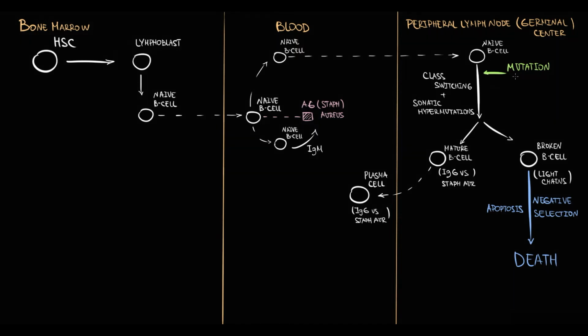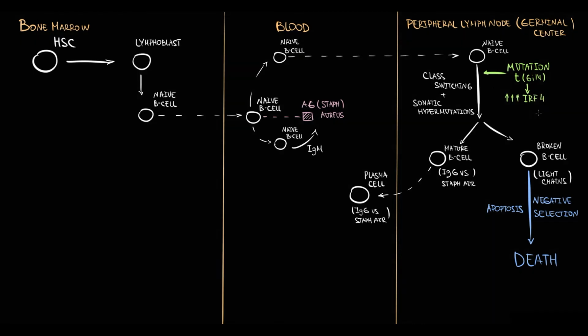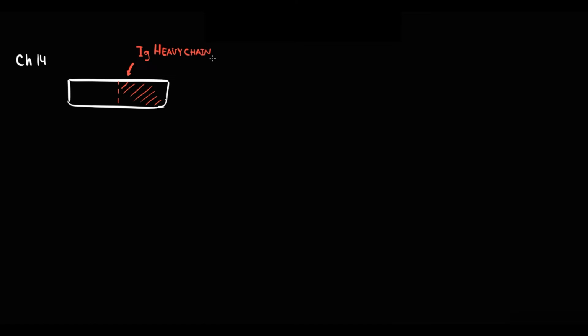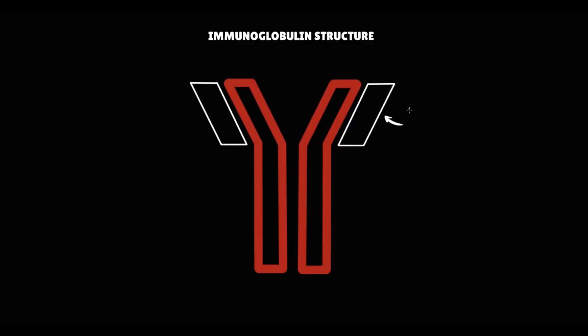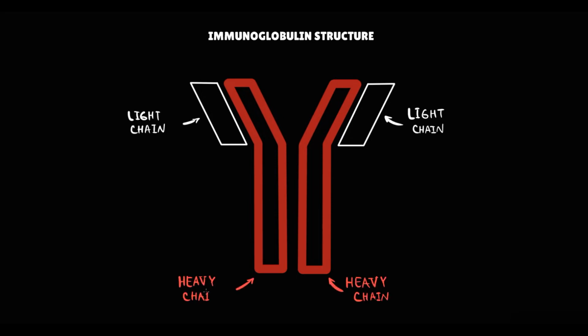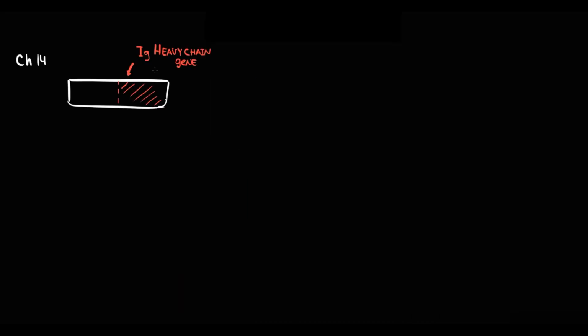In multiple myeloma, it can be a translocation between chromosome 6 and 14 that causes overexpression of interferon regulatory factor 4. To explain the logic of this mutation, we have to know that on chromosome 14 is located the immunoglobulin heavy chain locus. And because naturally the major function of the B lymphocytes is antibody production, and antibodies are composed of light chains and heavy chains, the region that is responsible for heavy chain production in B cells is highly active, it is almost always on.